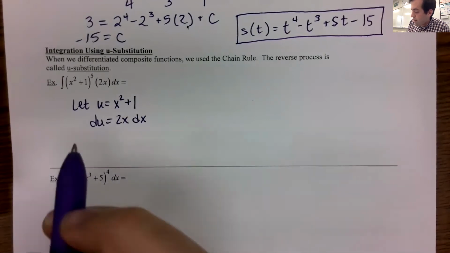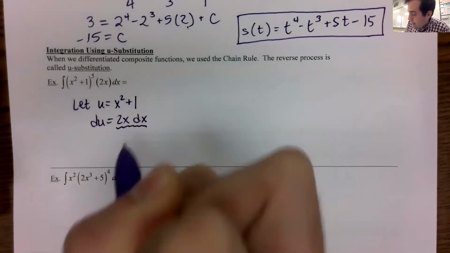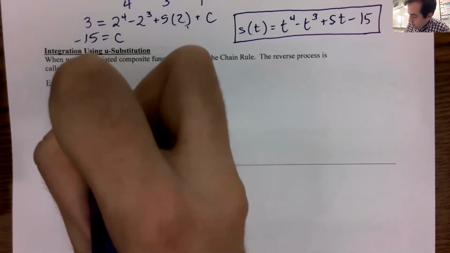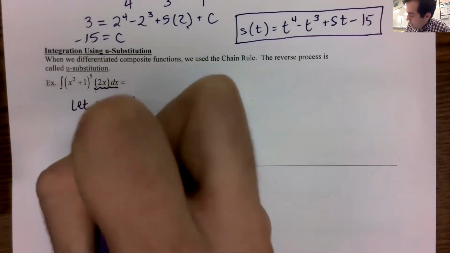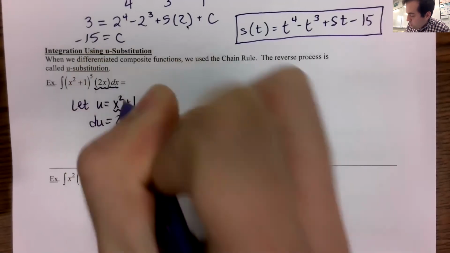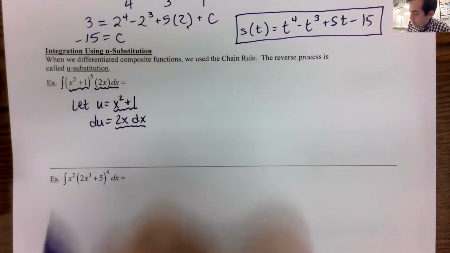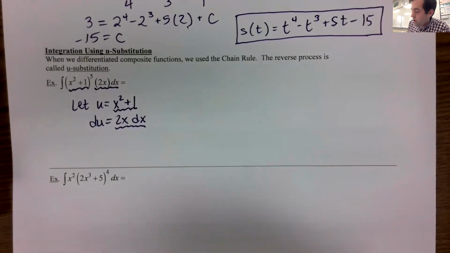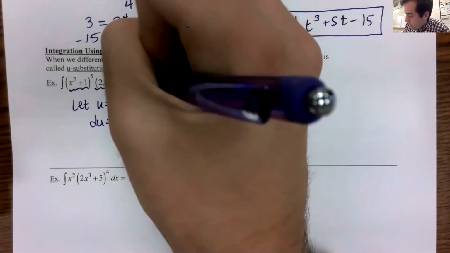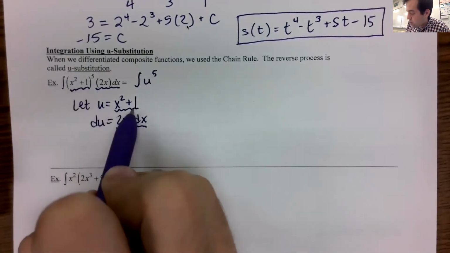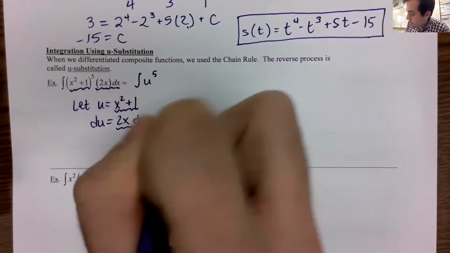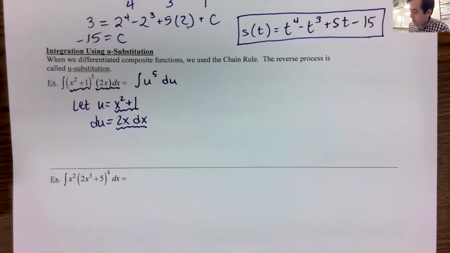And now, anytime that we see 2x dx, we can replace it with du. And anytime that we see x squared plus 1, we can replace it with u. So let's try that. We're going to end up with u to the 5th, as the x squared plus 1 was replaced. And then 2x dx becomes du.